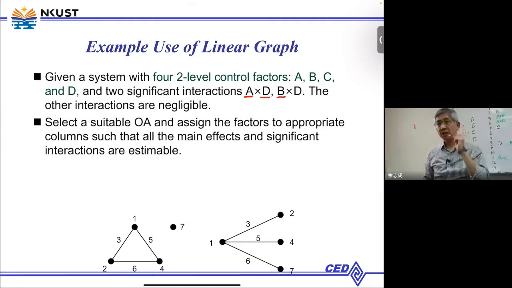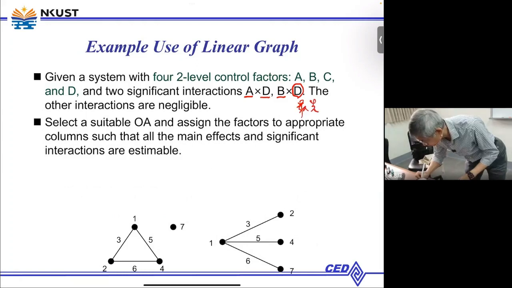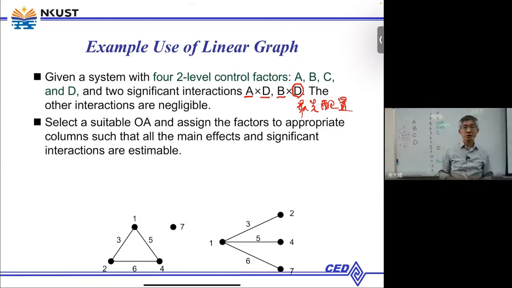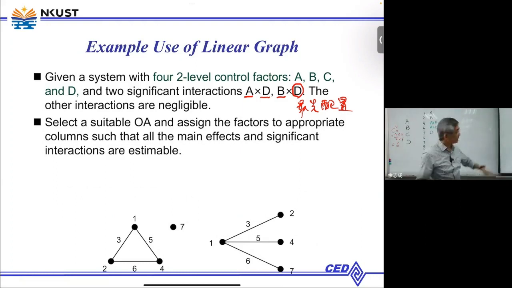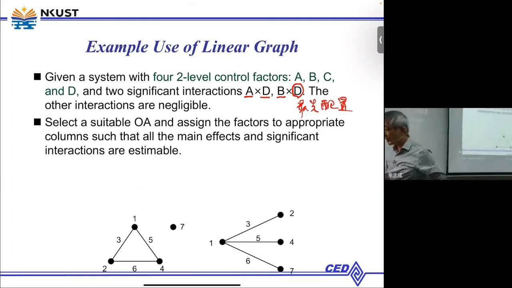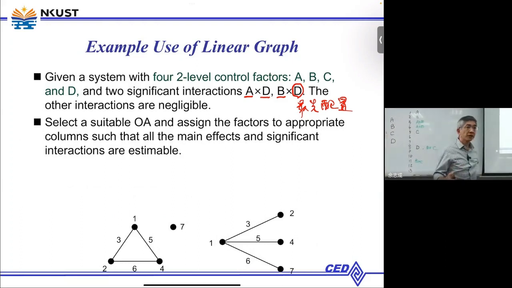Especially D should be assigned first. Since factor D happened twice in the interactions, we need to find a linear graph where we put D in the dot with lines, since if I put D in one of the dots with lines, then we can make sure the interaction between D and some other factors can be analyzed.